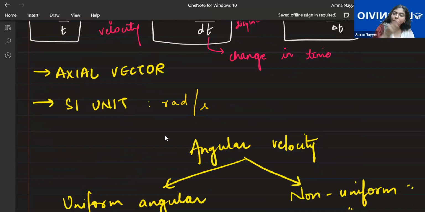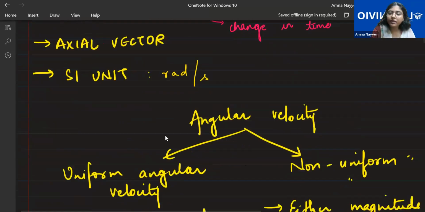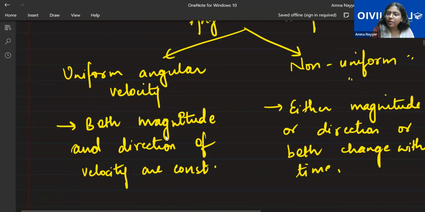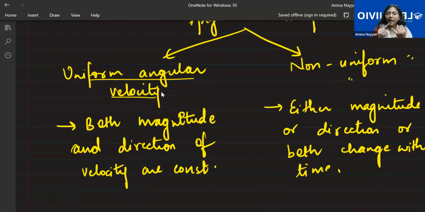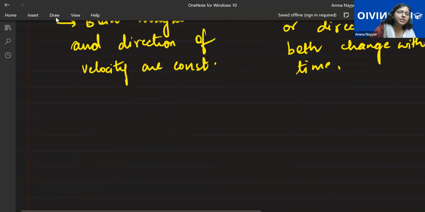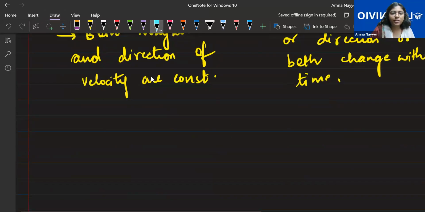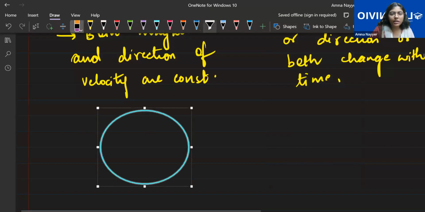Now, like we had uniform and non-uniform linear velocity, you will have uniform and non-uniform angular velocities as well. Uniform angular velocity is when the magnitude and direction are both constant, meaning an equal amount of angular displacement changes in equal intervals of time. Let's say this is a circular track.